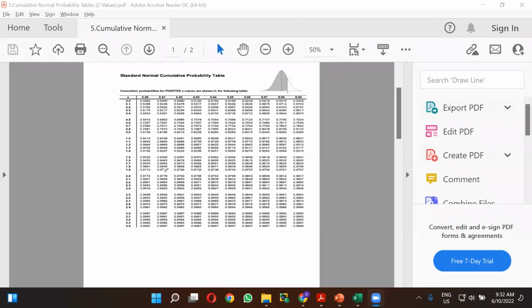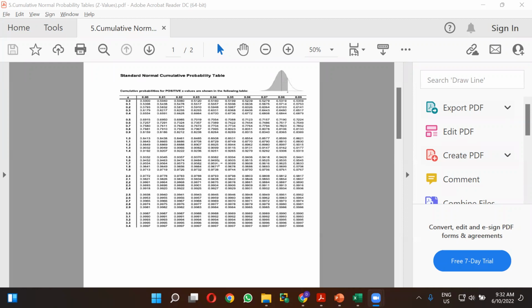Madhushi said that 1.65. Right. So Madhushi, can you see that it is 0.9505? Right. It is not exactly the 95%. Therefore, I will take the previous one as well.